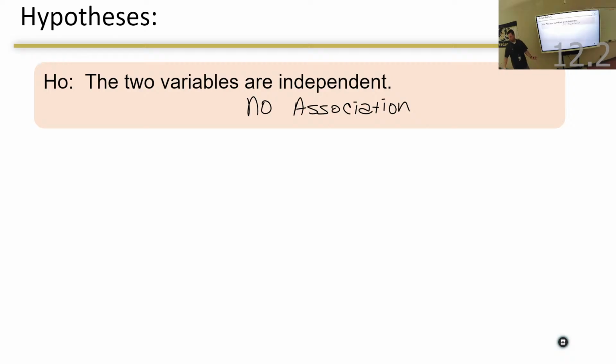Of course, you're going to put it in context, but that's the assumption we have to have. If they're independent, then they don't have an association. If they have an association, then they are dependent. That's what we have to assume.